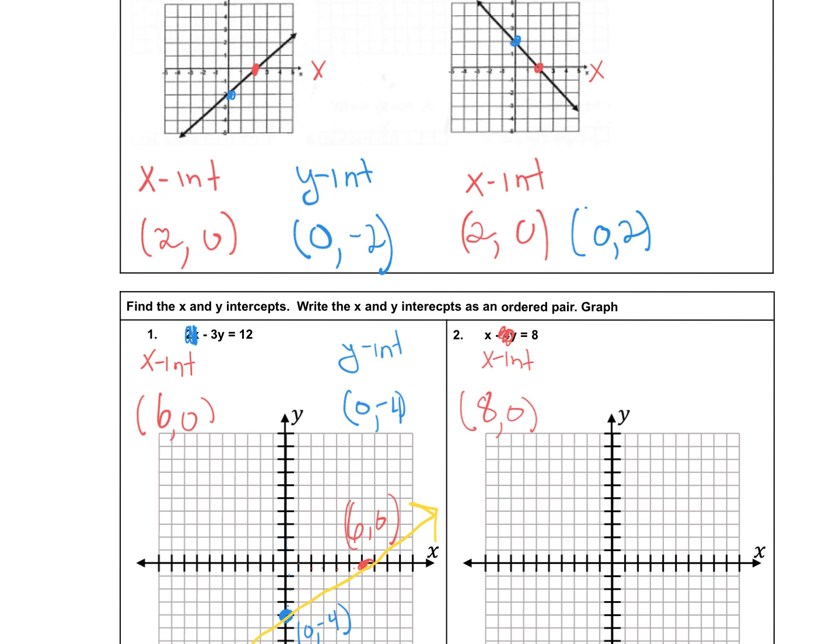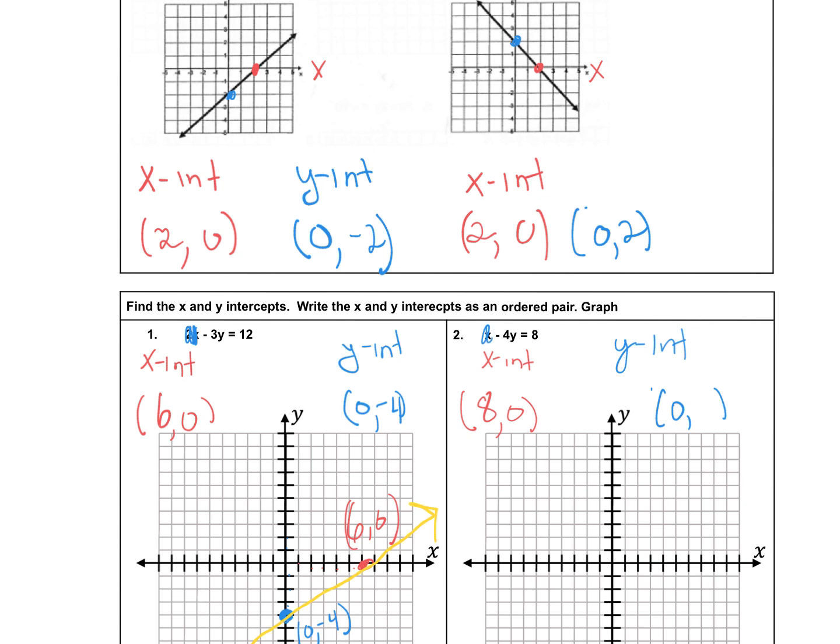And then if we're looking for the y-intercept, that is going to be the value of y when x is 0. And so when x is 0, we will have negative 4y equals 8.